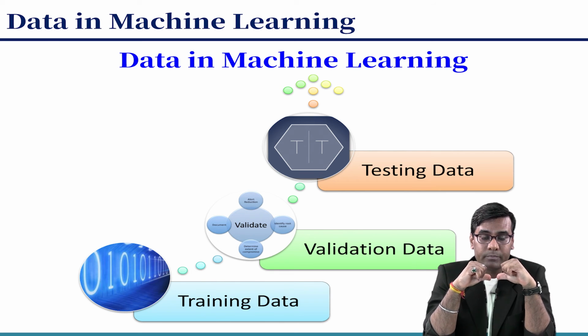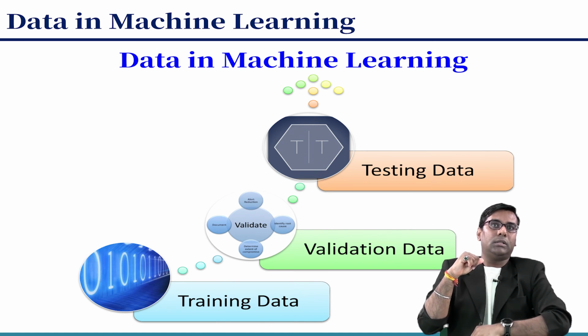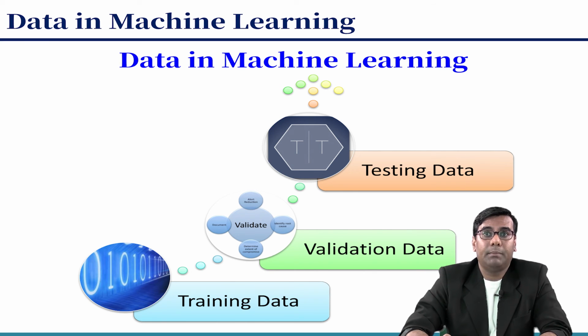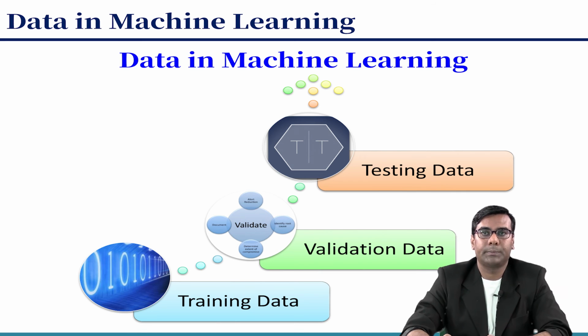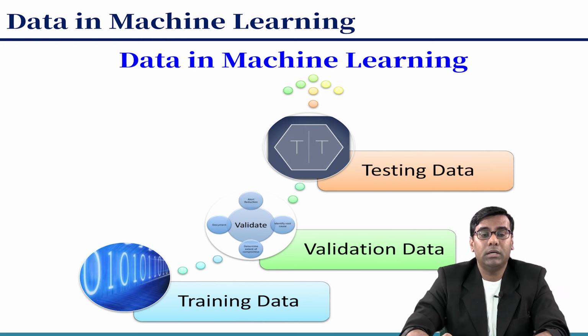That is how you test whether your smartphone recognizes your data correctly or not. So they are testing the information. That is the data in machine learning with the training, validation and testing process. All three processes happen in this way.